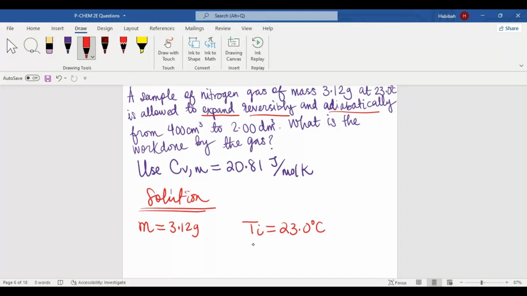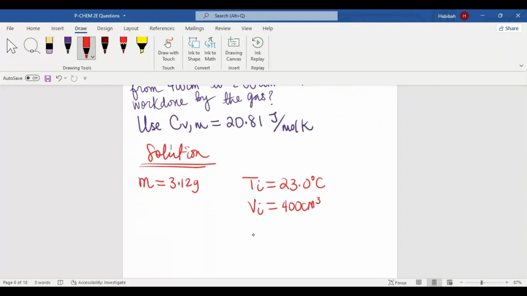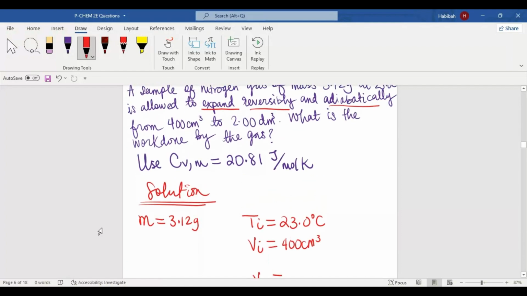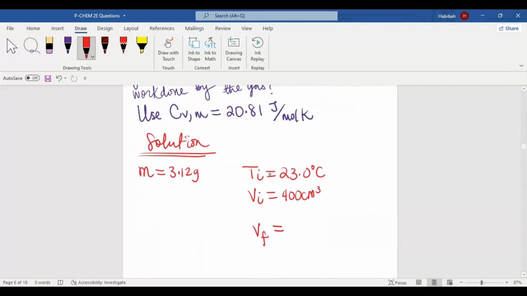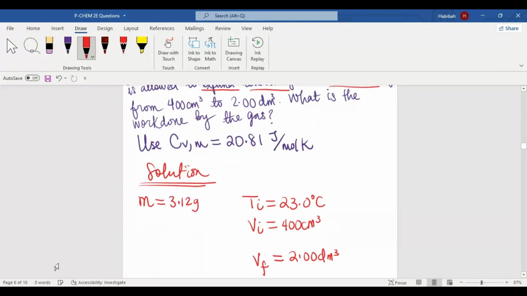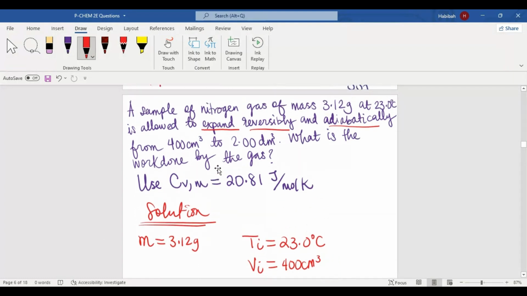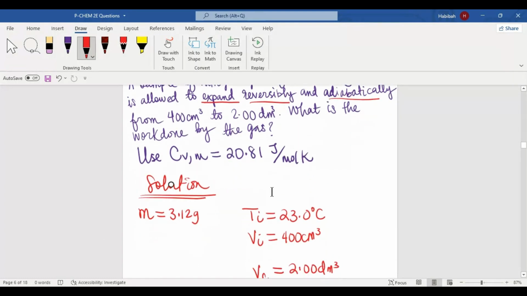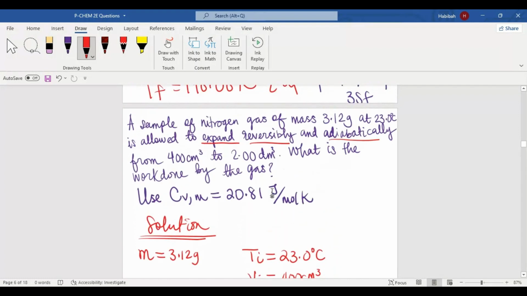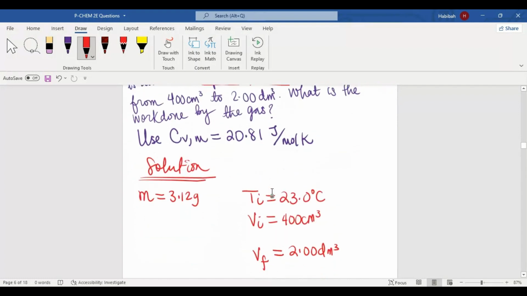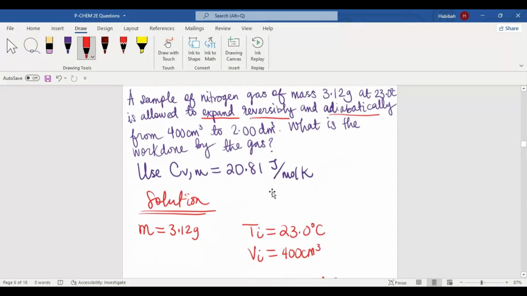We've got the initial volume to be 400 centimeter cube, and we have been given the final volume to be 2.00 decimeter cube. We've also been told that we're going to use the molar heat capacity at constant volume for this particular question to be 20.81 joules per mole Kelvin. And of course, we're told to solve for the work done.